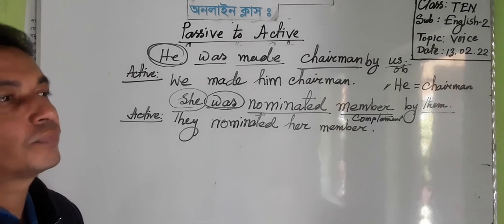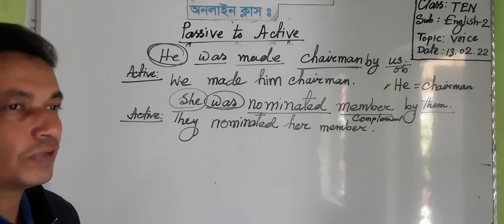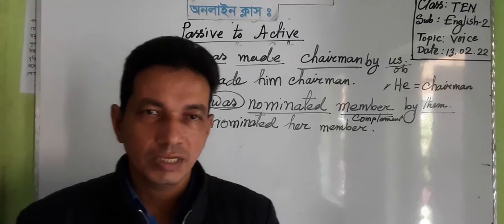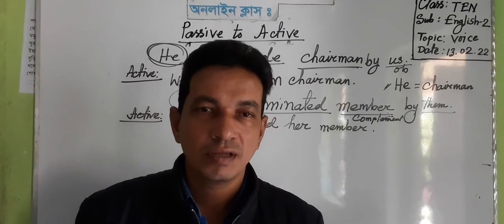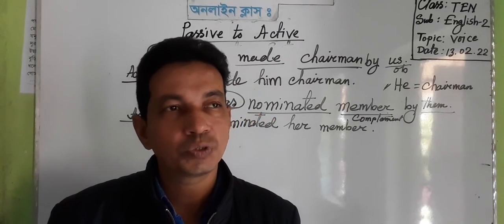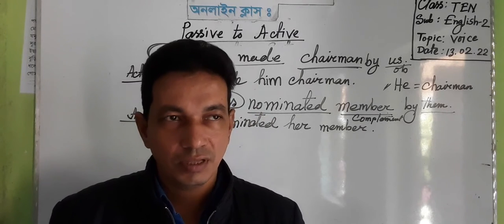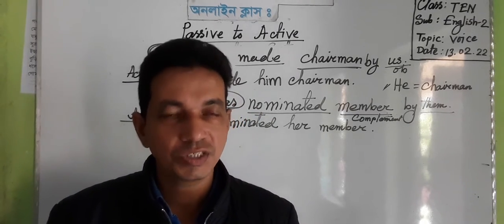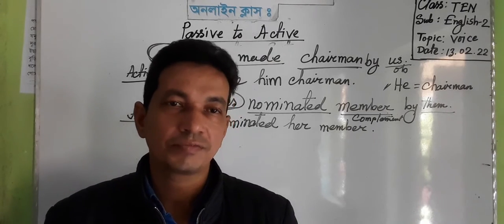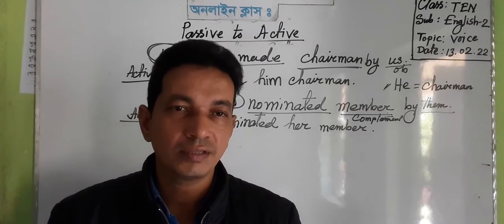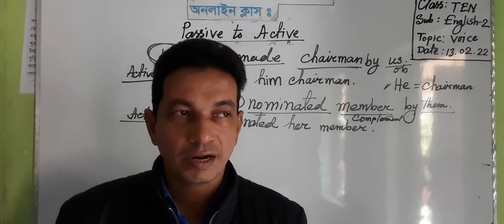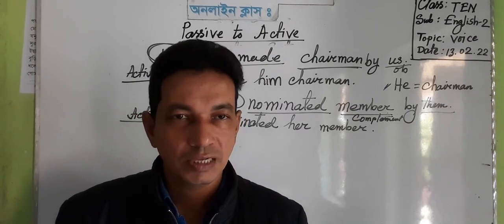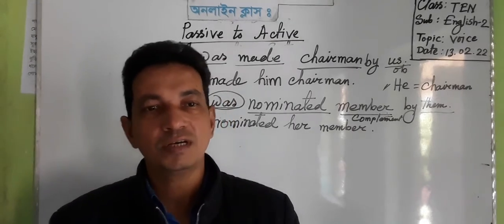But sometimes we see that there is no exact subject present in the passive voice. Then we should take the subject from outside the sentence, and we have to imagine what kind of subject may be written in the sentence. According to the meaning of the sentence, we have to choose the subject from outside.